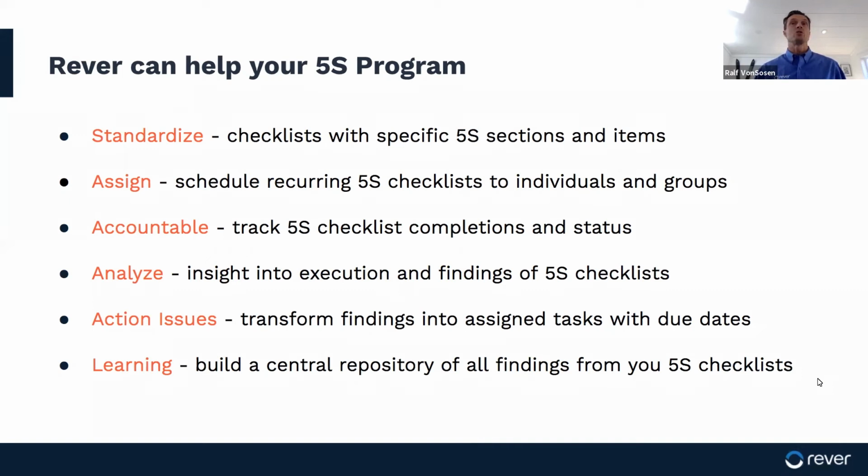Analyze: insight into the execution and findings of the 5S checklist. Action issues: transform findings and observations into assigned tasks with due dates. Learning: build a central repository of all findings from your 5S checklist. These are all the kind of things that are critical to really making the 5S program alive, actionable, and an improvement in your organization.